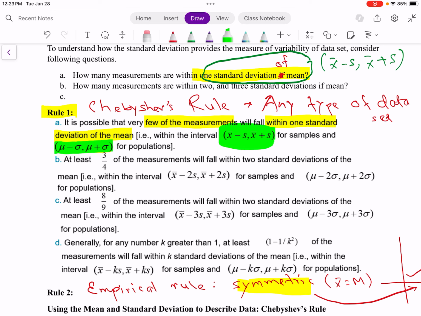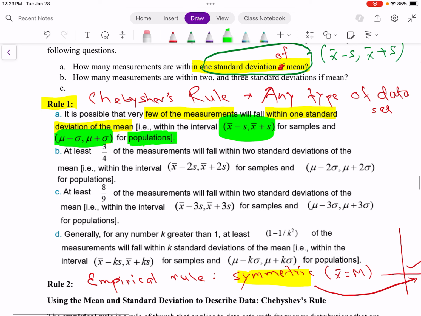And we use mu minus sigma, where mu is the mean and sigma is the standard deviation, if we are looking at the number of measurements for a population. The way we write one standard deviation of a mean is the same for both cases; only the symbol is different. So we always find a few measurements within one standard deviation of a mean.